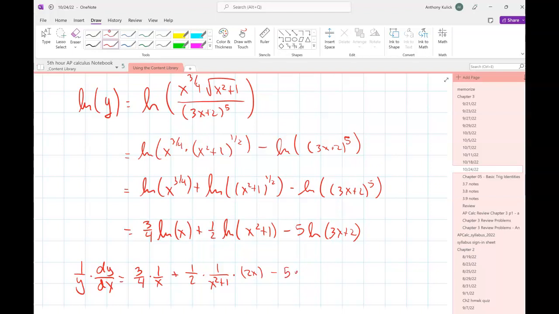So I'm going to have 5 times the derivative of the outside, which is 1 over x, but I have to plug the inside back into that, so 1 over 3x plus 2. And then times the derivative of the inside, which is just going to be 3.